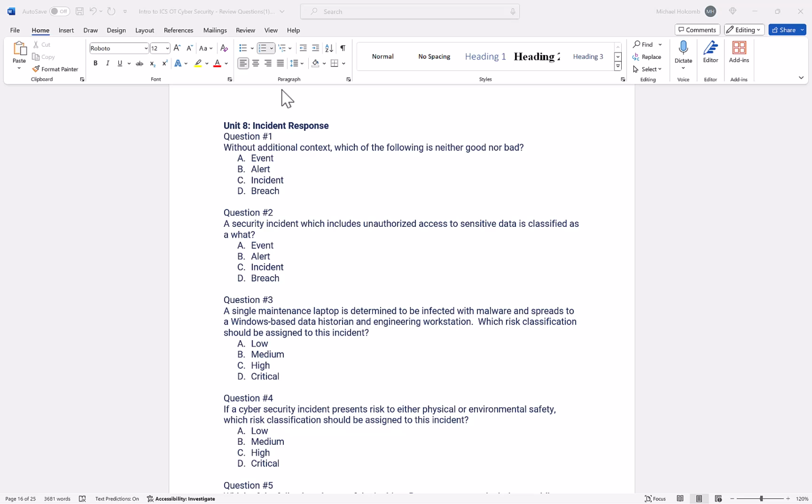Question 3. A single maintenance laptop is determined to be infected with malware and spreads to a Windows-based data historian and engineering workstation. Which risk classification should be assigned to this incident? I think this is going to depend on the organization or the environment.